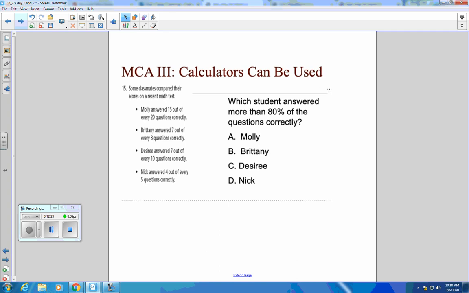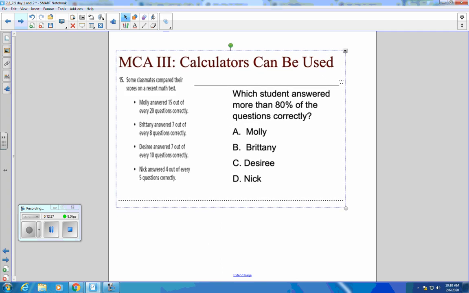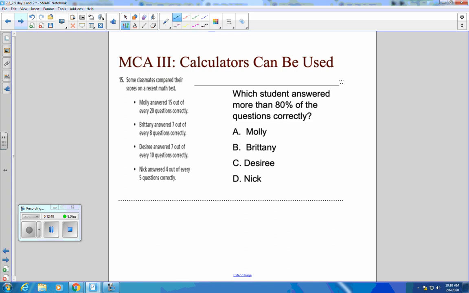Okay, MCA practice. Some classmates compare their scores on a recent math test. So we need to figure out which student answered more than 80% correctly. So Molly answered 15 out of every 20 questions correctly. So Molly, her part was 15, the whole was 20. We're trying to figure out the percent over 100.